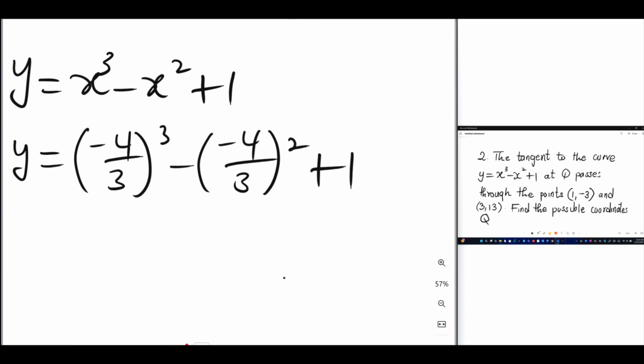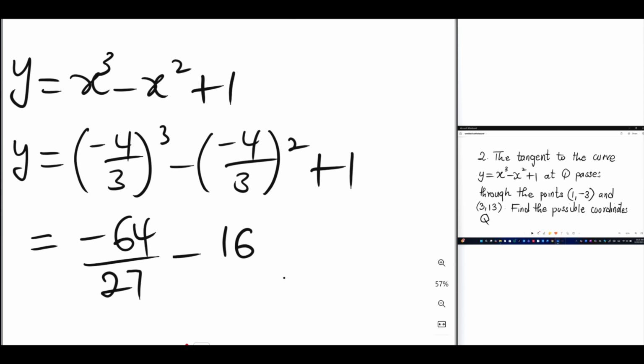So I'm going to get negative 64 divided by 3 also times itself 3 times. So 3 times 3 is 9 times 3 is 27. All right. Then minus, we have negative 4 squared, and that will give us positive 16. Then we have 3 squared, that will give us 9. All right. Then plus 1.